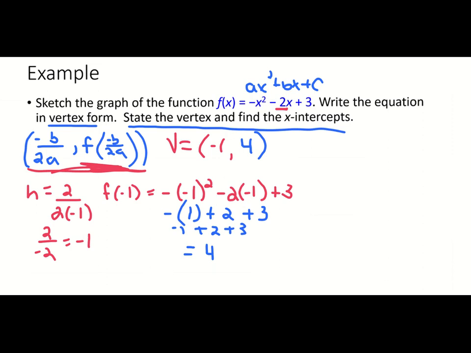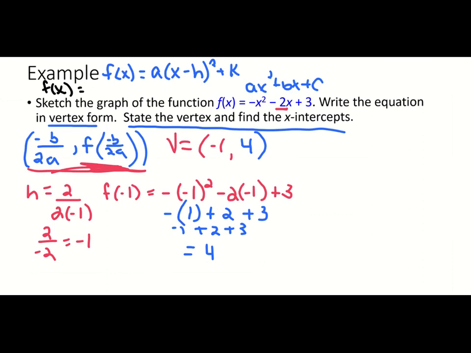Remember, vertex form is, let me write it up here, f of x is equal to a times x minus h squared plus k. So our vertex form would be f of x equals a.